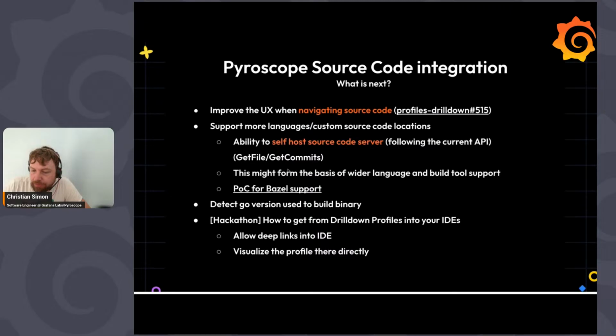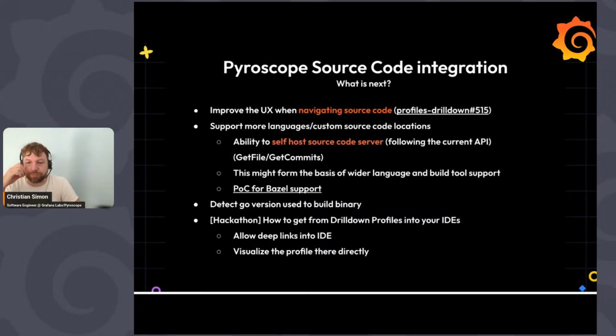Yeah, so the other thing that we need to improve is this end-to-end passing of information. We discovered that the Go version used right now is not known, and we either have to guess it or use the latest, which is not correct in all cases.